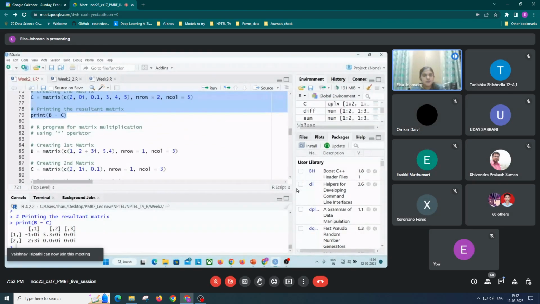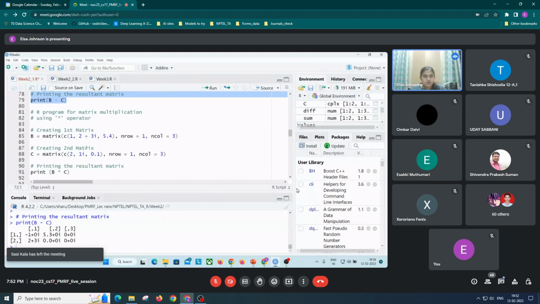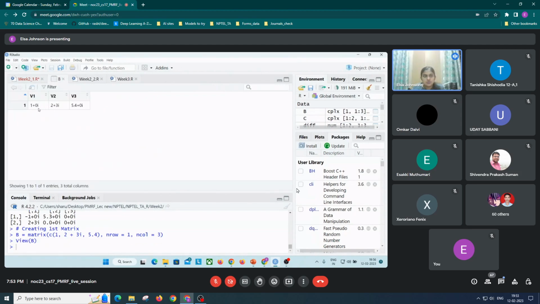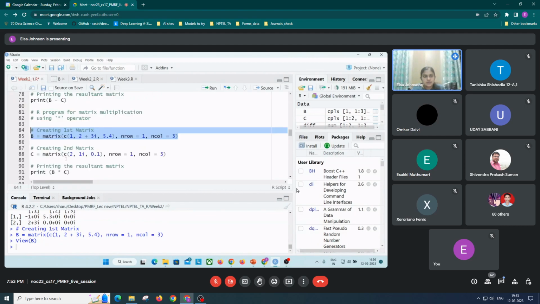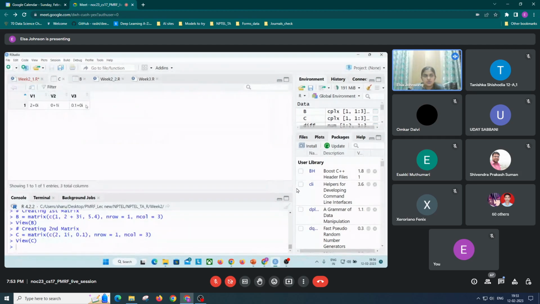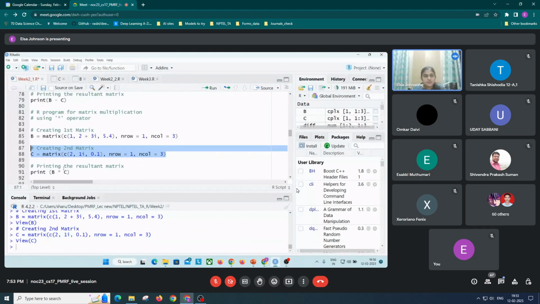Now we'll go on to matrix multiplication. For that also, I'm just feeding in the two matrix values, b equal to 1, 3, 1, 2 plus 3i, 5.4, and c also like that. It was first done earlier also, so I'll just show it here.